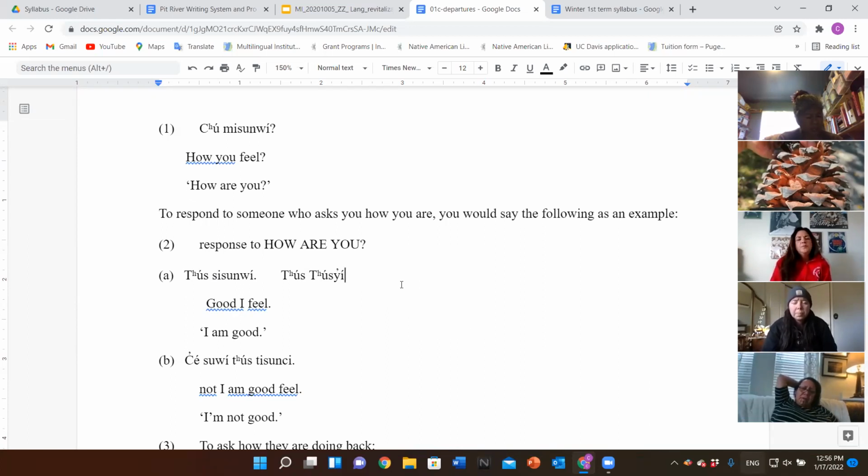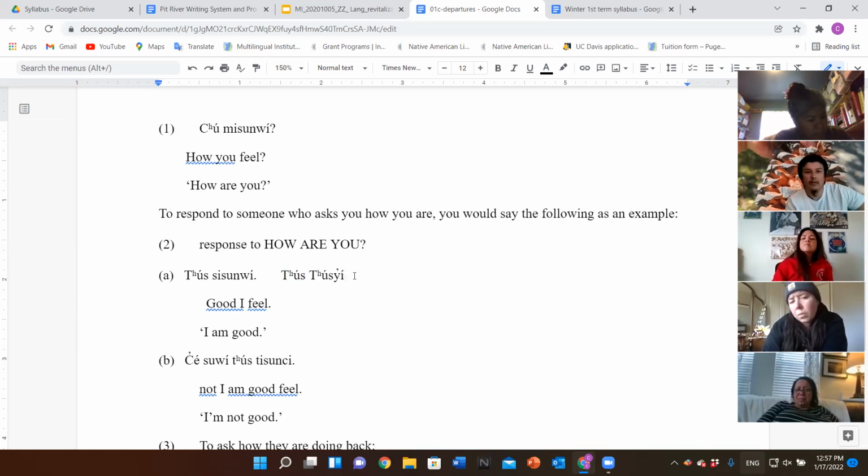There's just a slight difference when you're using them. Usually tus is attached to or comes before another word, like if you're describing something, and tusi is more on its own. Oh, yeah, because I used to hear my grandma say that all the time. That's why when you were saying that, I was a bit confused. Yeah, they're both correct.